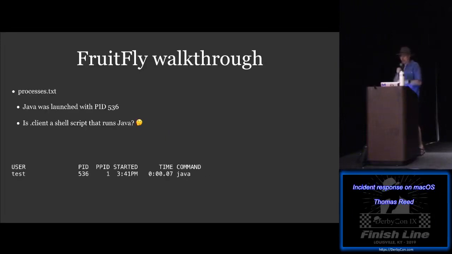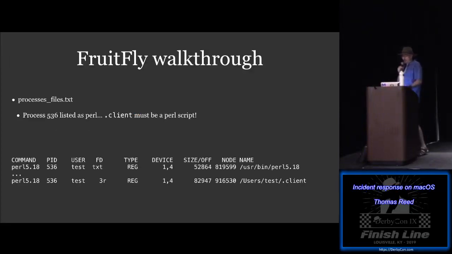So we can go back and take a look at processes and we say, well, there is something with that process ID, but it's called Java, not .client. So what is this? It looks like maybe .client is something that's running Java. Not sure yet. So we dig a little deeper and look in the file activity here. And we see that for that process ID, the file is actually listed here, and the command is listed as Perl. So that suggests this is a Perl script that's running and running Java.